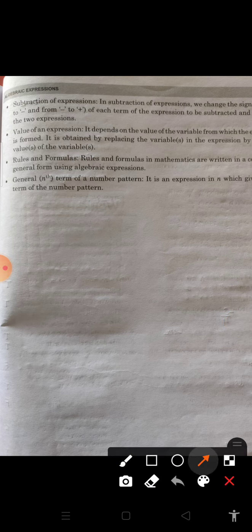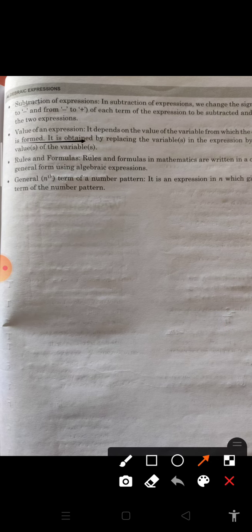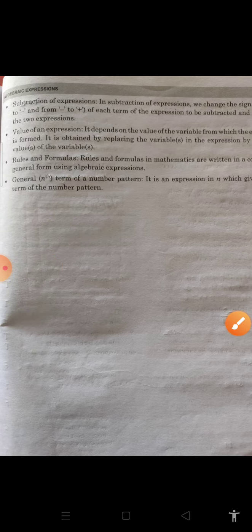Next is the value of an expression. It depends on the values of the variables from which the expression is formed. It is obtained by replacing the variables in the expression by the given values of the variables. So it depends on the value of the variables.